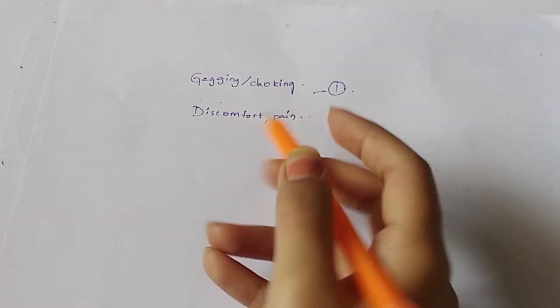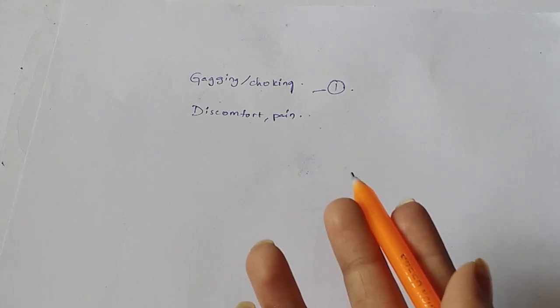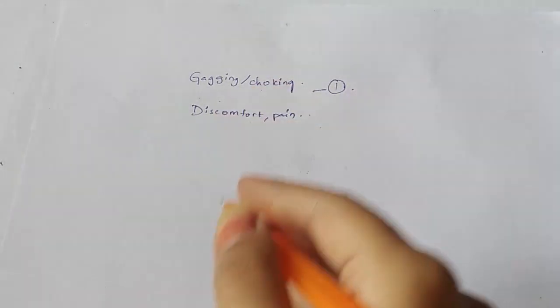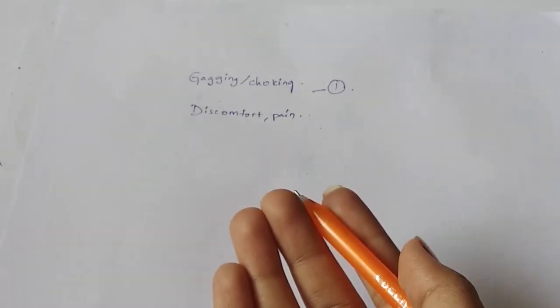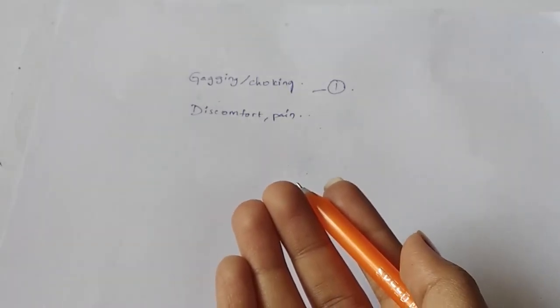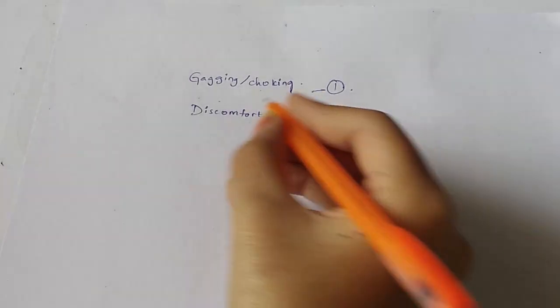Due to this lodgement of a foreign body in your esophagus, you cannot swallow anything else. That is difficulty in swallowing. And what is the term used for difficulty in swallowing? It is dysphagia.